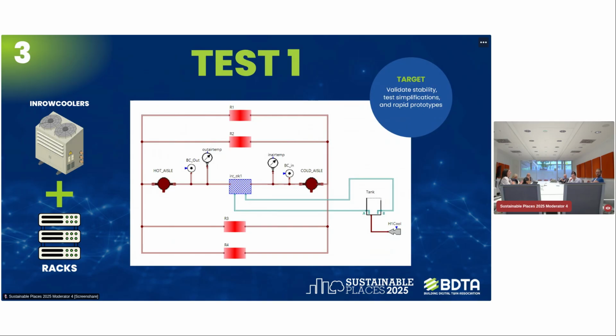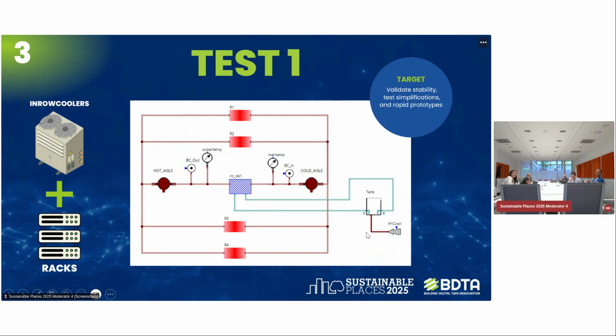Of course, this is our first prototype, so we have to improve it. And here you have the 4 racks and an in-row cooler in the middle and the 2 volumes, just to study the temperatures. The red side is air, and the blue or green is liquid, water in this case.